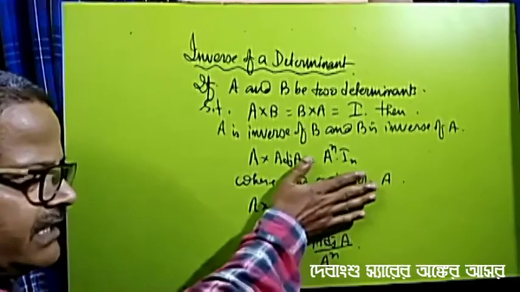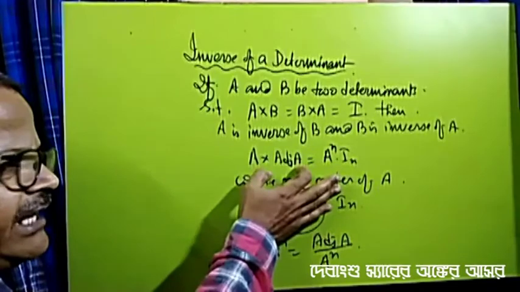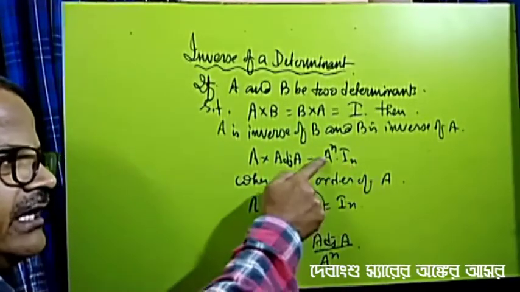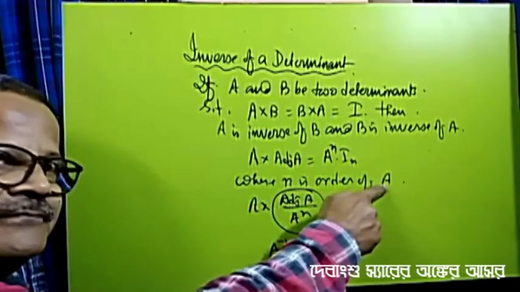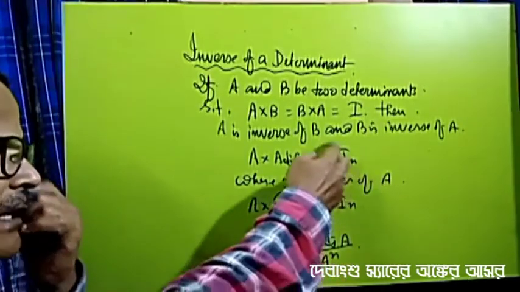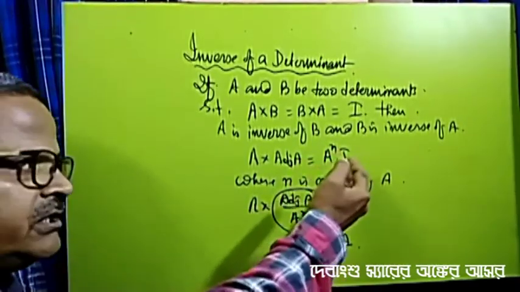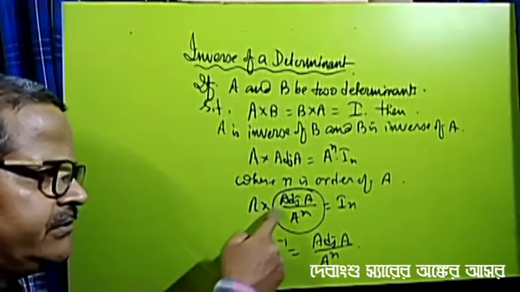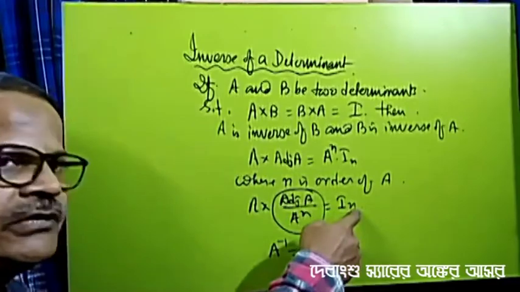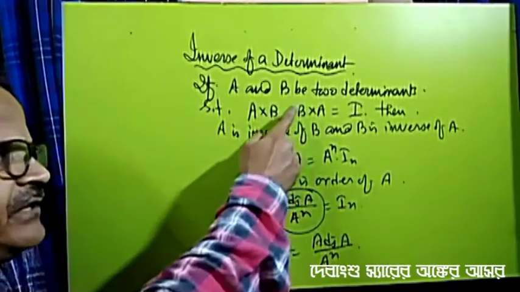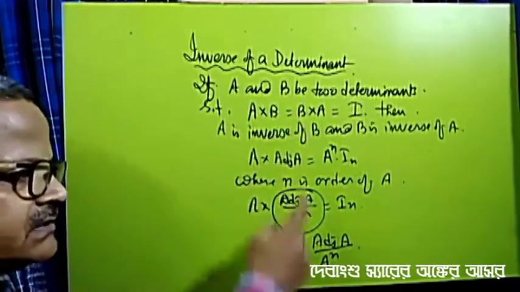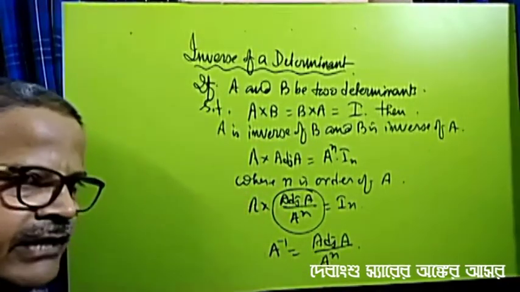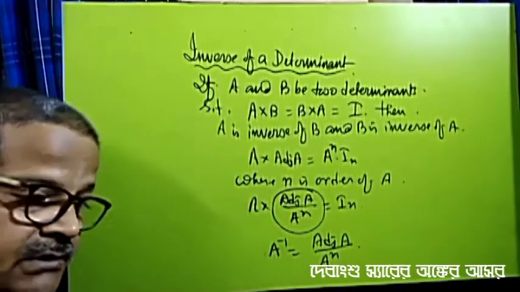Now from the result we get A into adjoint A is A to the power n in, where n is the order of A. On dividing both sides by A to the power n, we arrive at A into adjoint A by A to the power n is equal to In. Now from the definition of inverse, this is the inverse of A. So A inverse is equal to adjoint A by A to the power n.